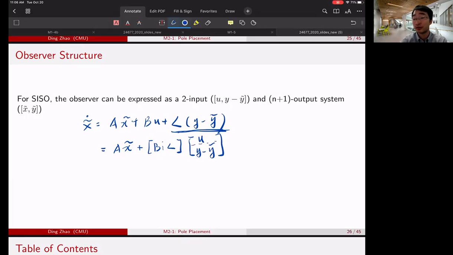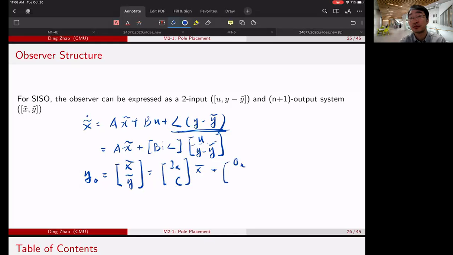Then the observer output will be x tilde and y tilde. You need both to do the observation. So that will be C x tilde plus 0 times u.